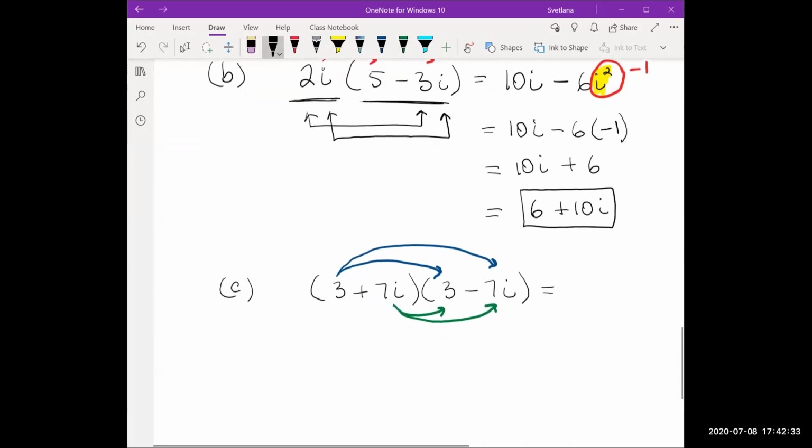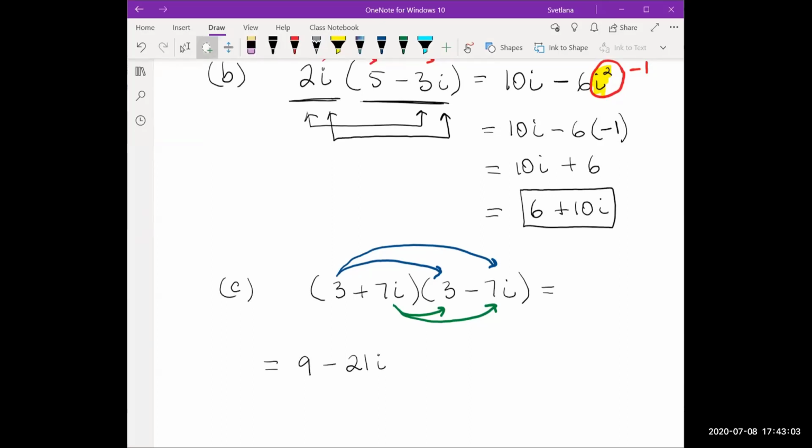Let's skip the middle step where I write out products and just perform the multiplication. It's 3 times 3, that gives me 9. Then it's positive 3 times negative 7i. Positive 3 times negative 7 is negative 21, and then I have i right next to it.